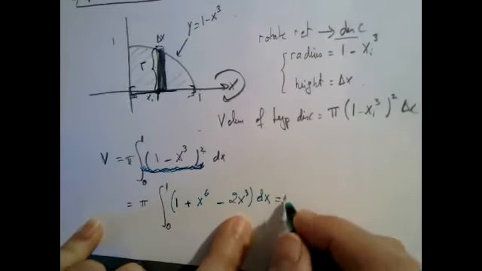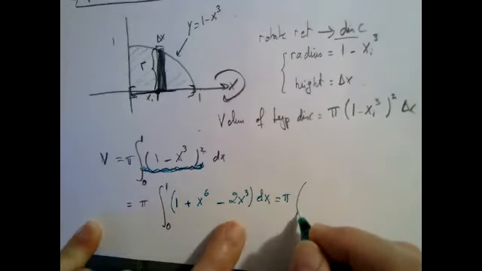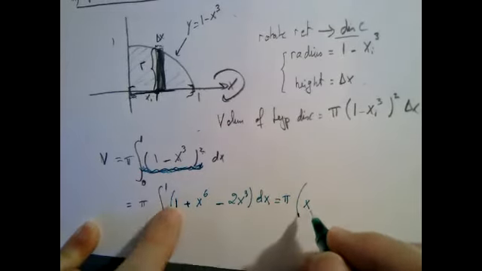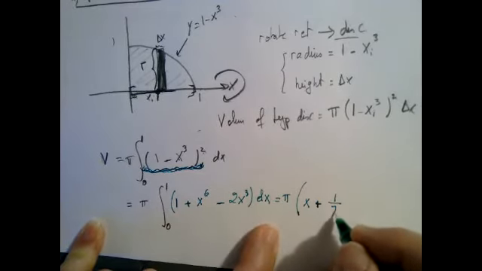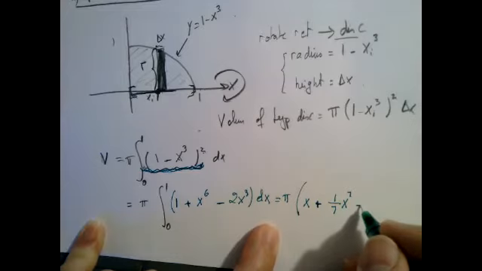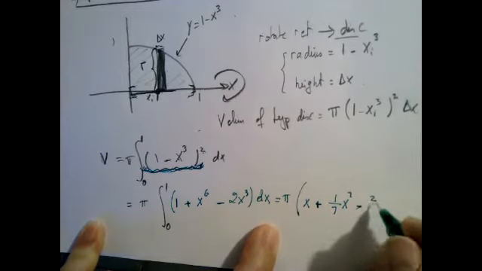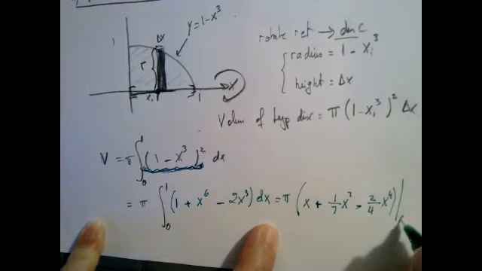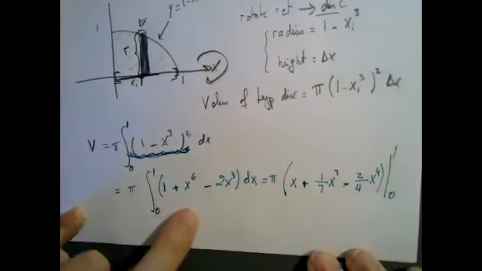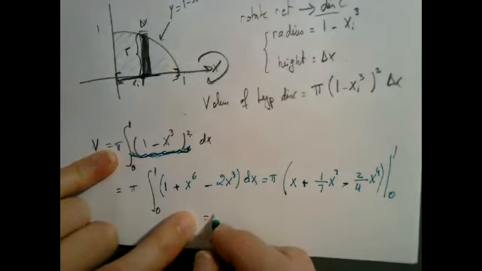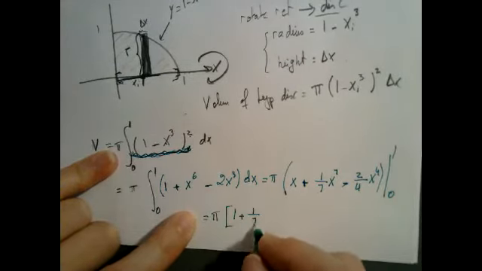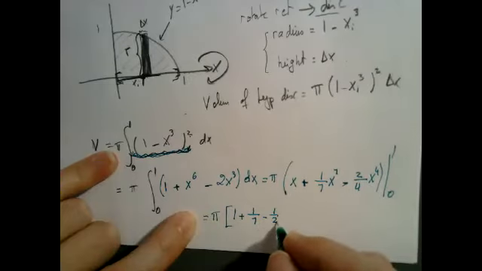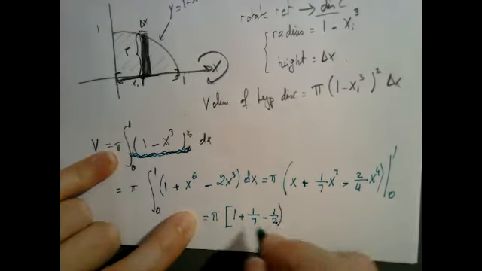And finally, I will get pi times x, plus the antiderivative of x to the 6, which is 1 over 7 x to the 7, minus the antiderivative of 2 x cubed, which is 2 over 4 x to the 4, evaluated between 0 and 1. So this is going to be pi times 1 plus 1 over 7 minus a half, minus 0.